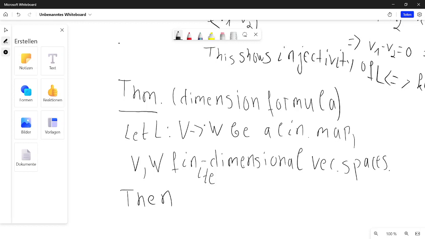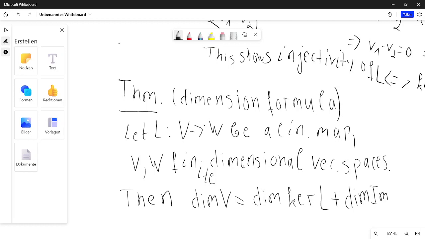Then the dimension of the vector space V is equal to the dimension of the kernel of L plus the dimension of the image of L. Right? So suddenly some numbers enter.